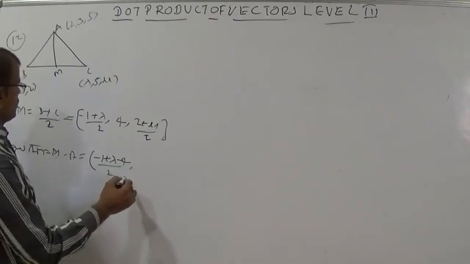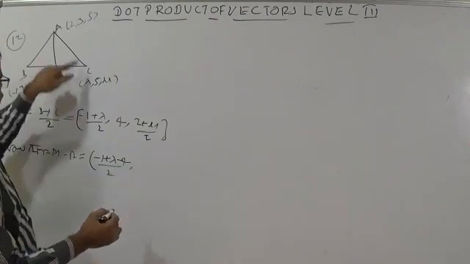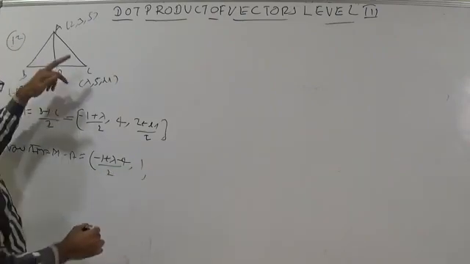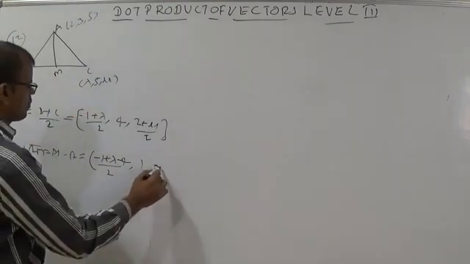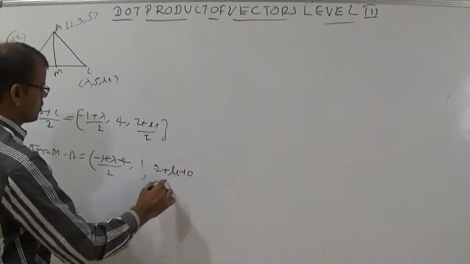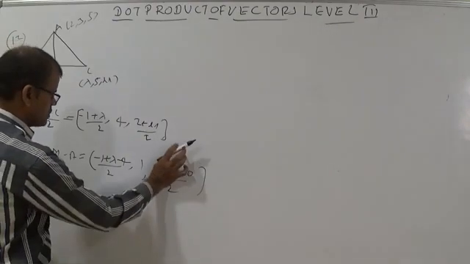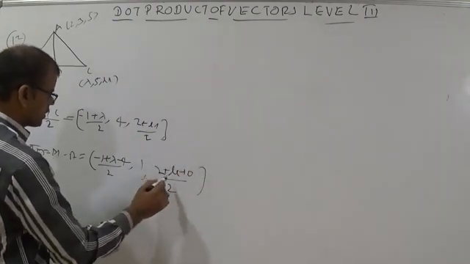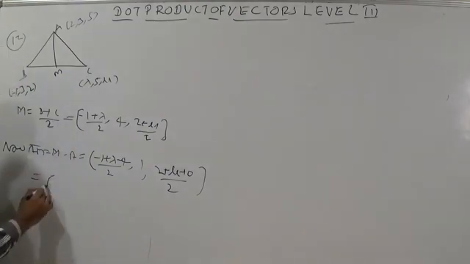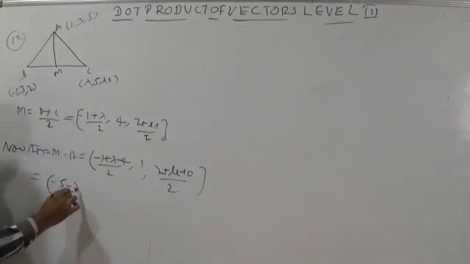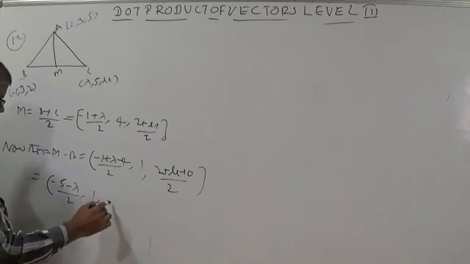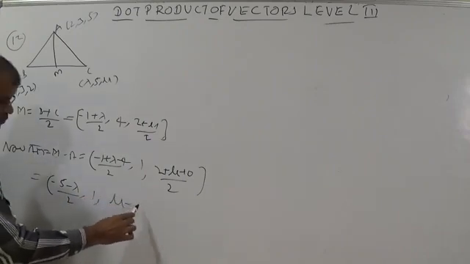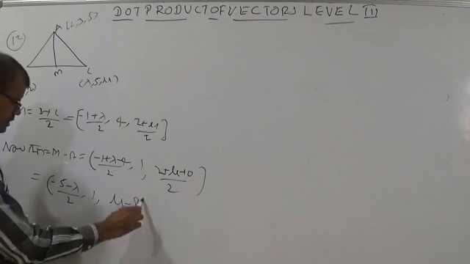Next one, 4 minus 3 is simply 1. Next one, (2 plus mu minus 10) whole by 2. You can write here (-5 plus lambda) by 2, 1, (mu minus 8) by 2.